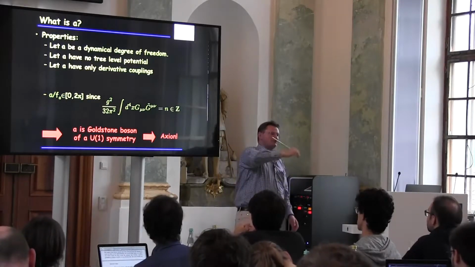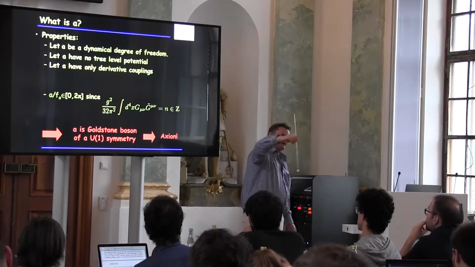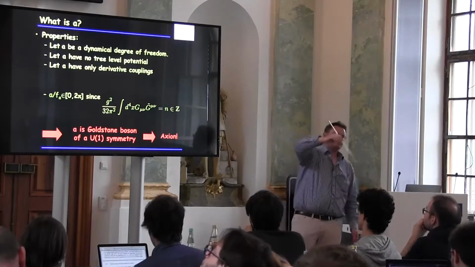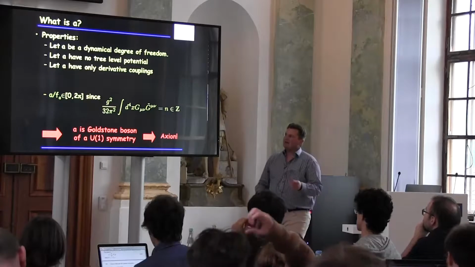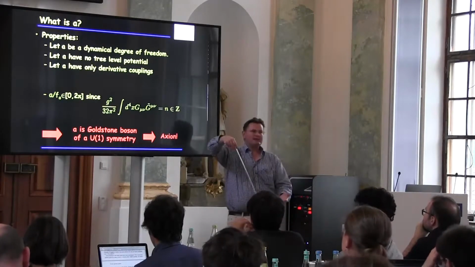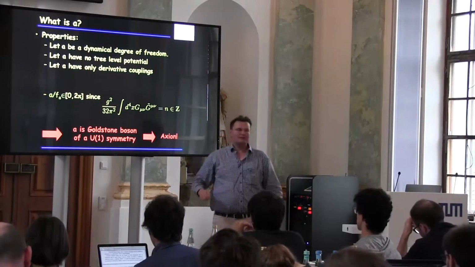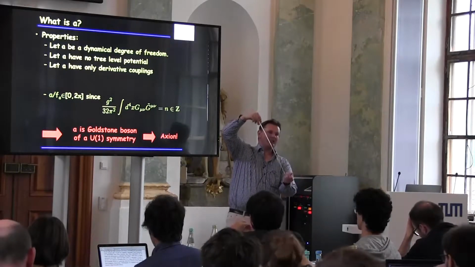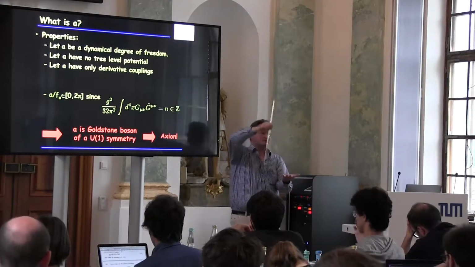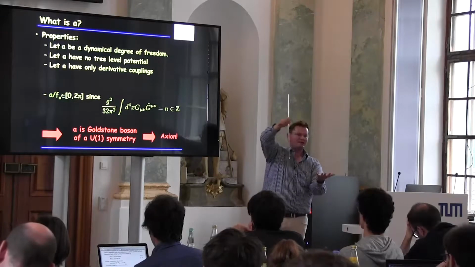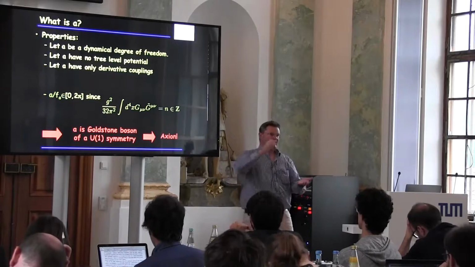If you imagine your Mexican hat potential, the Goldstone mode is exactly the one running along the bottom of the potential, which is of course a circle. Therefore the field range of the Goldstone degree of freedom is something like 2 pi times the radius of the circle, and the radius of the circle is just the vacuum expectation value of the field that is spontaneously broken.